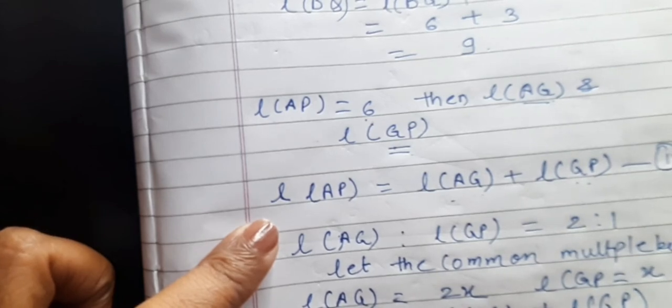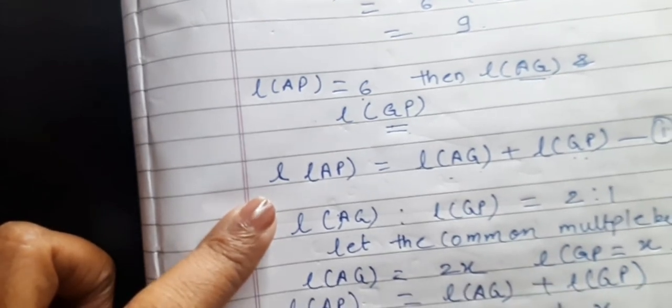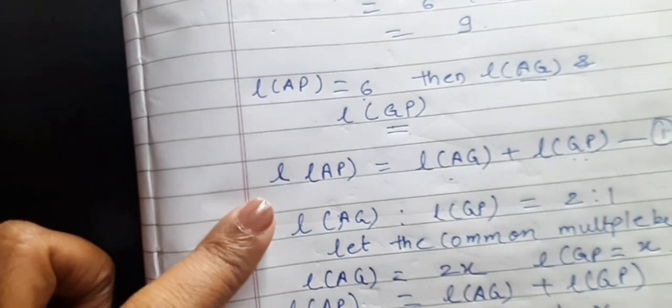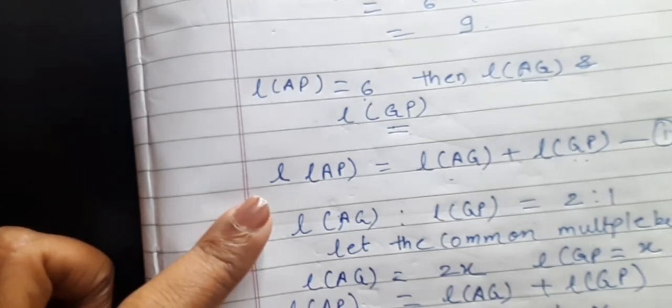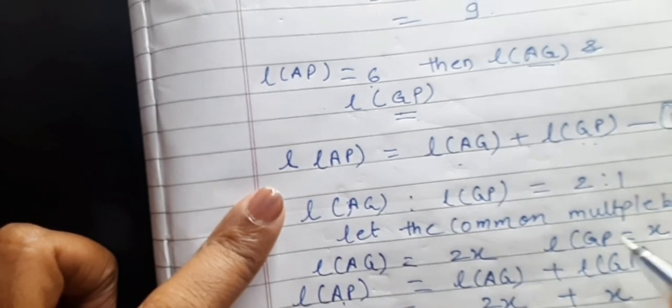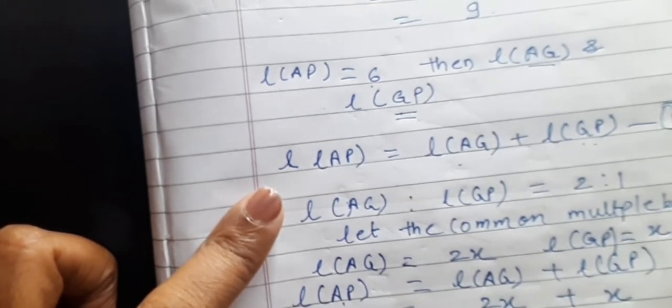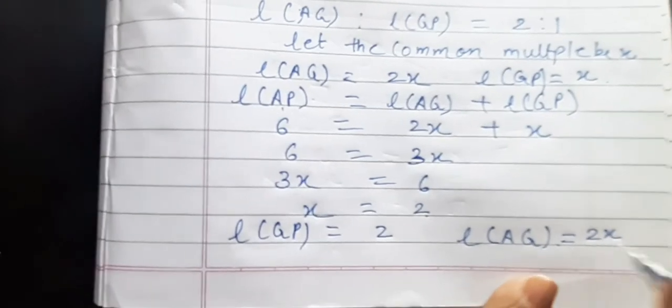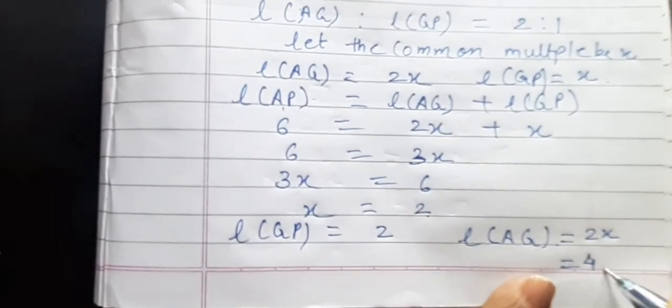X will be equal to 2. Right? As x is equal to 2, length of GP is equal to 2 and length of AG is equal to 2x. So that will be equal to 4.